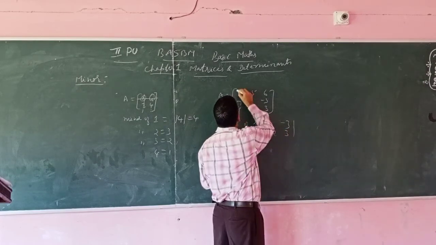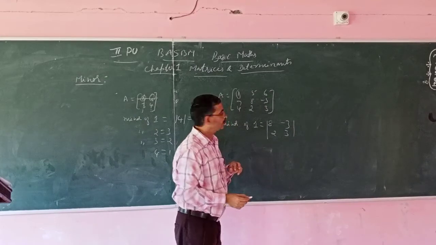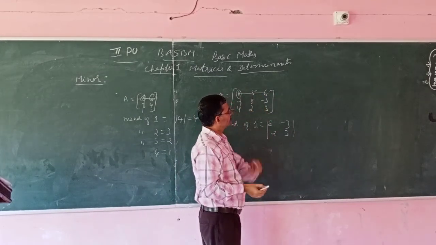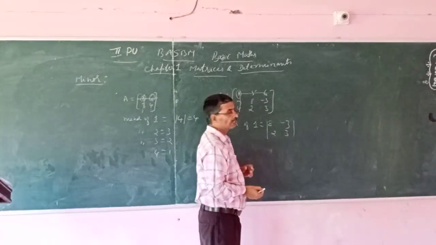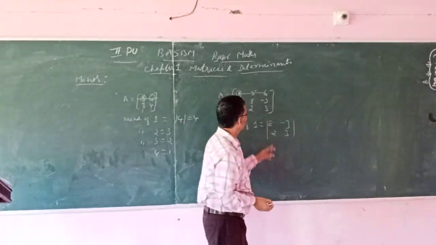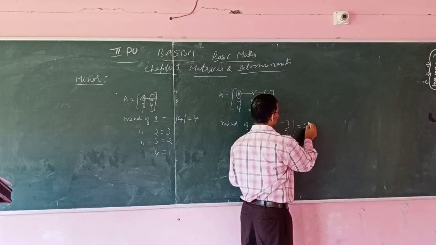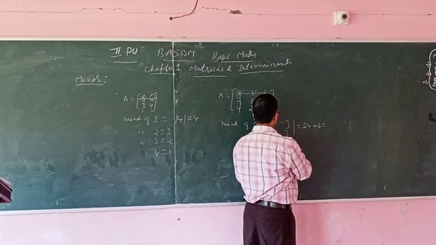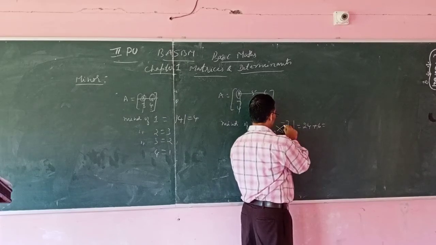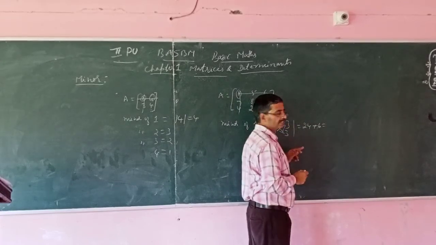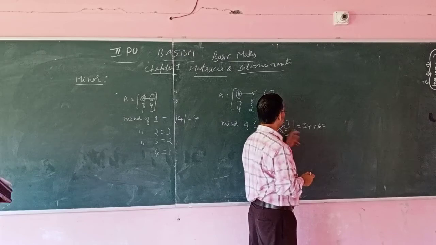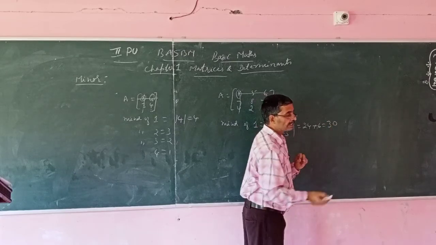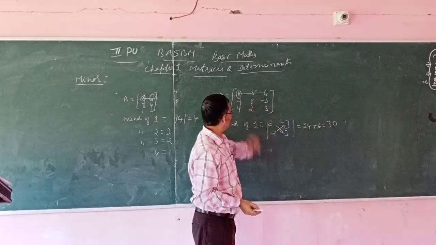So again we take 1, then don't consider that row, that column. So remaining determinant 8, minus 3, 2, 3. So simplify. This is 24 minus minus 6, so 24 plus 6. You know that method. So 30. This is minor of 1.